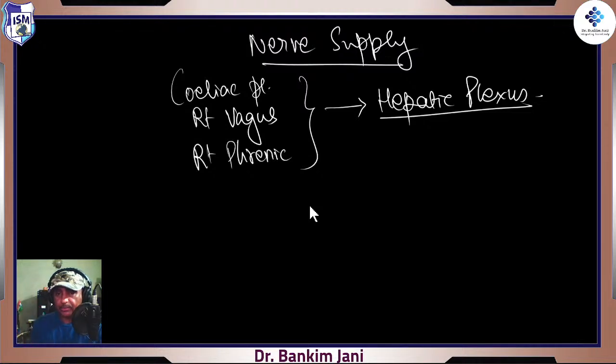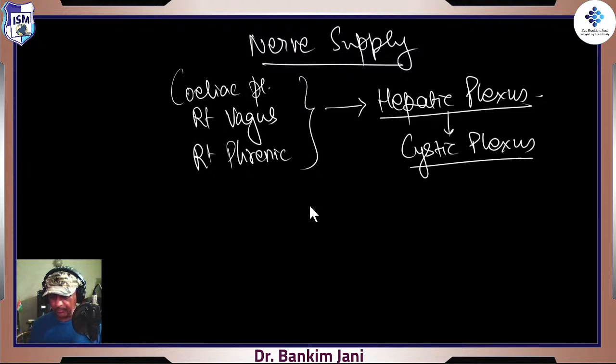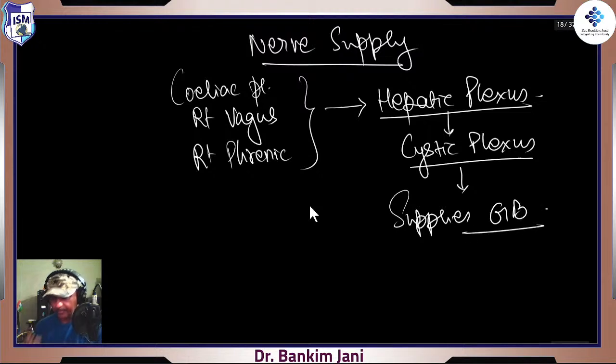In GIT, you'll find lots of such plexuses, leading to the cystic plexus, because it gives plan A, plan B, plan C. So in case there is damage to one nerve, you are still getting the proper supply. And this is what really supplies the gallbladder, right?